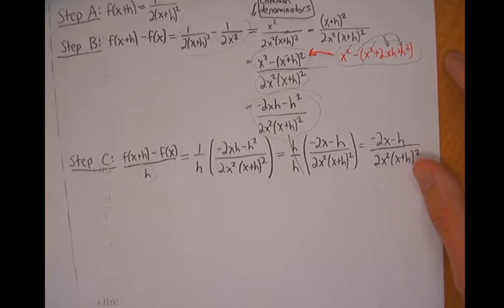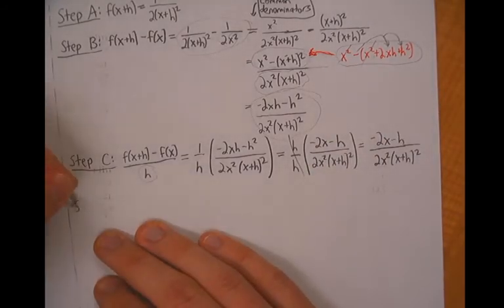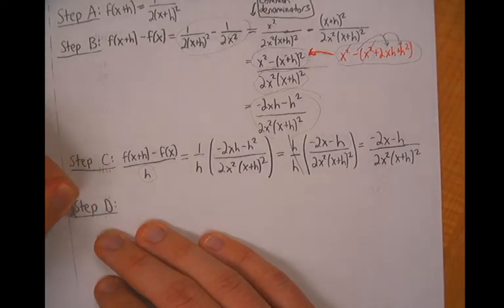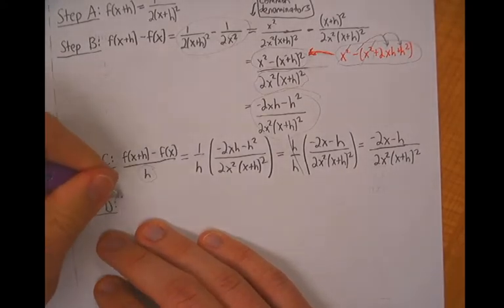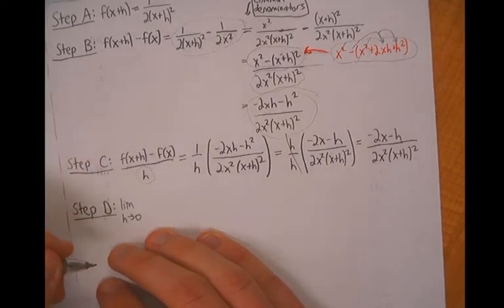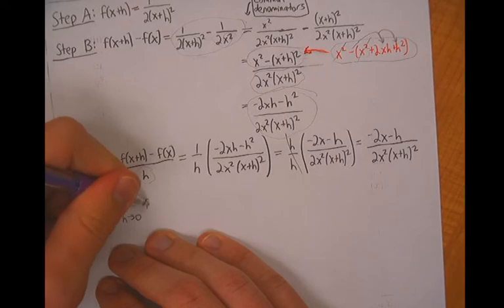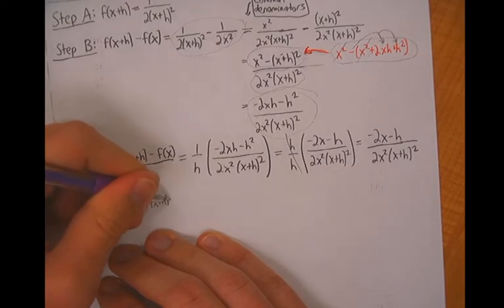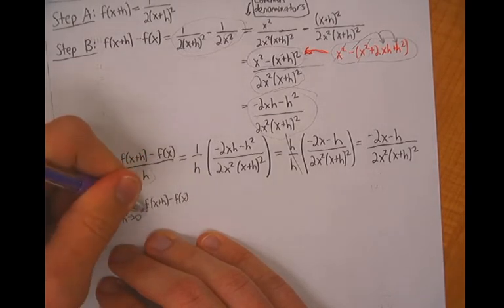Okay. And then last but not least, step D would be what? So the limit as h approaches 0 of f of x plus h minus f of x divided by h.